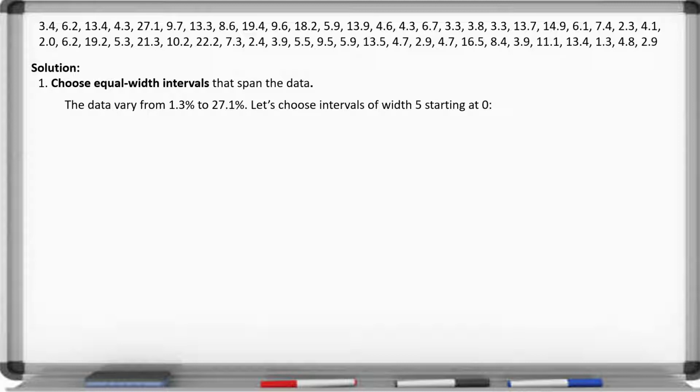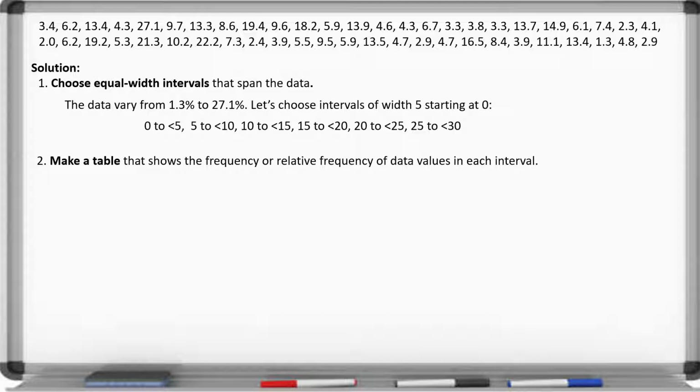I'm going to choose from 0 to less than 5, from 5 to less than 10, and so on. I specify 0 to less than 5 because if I have the number 5, that doesn't belong to the first group, it belongs to the second group, and so on. This way there's no trouble in assigning which number belongs to which group.